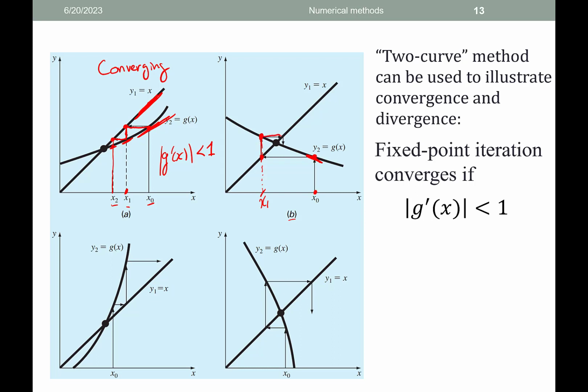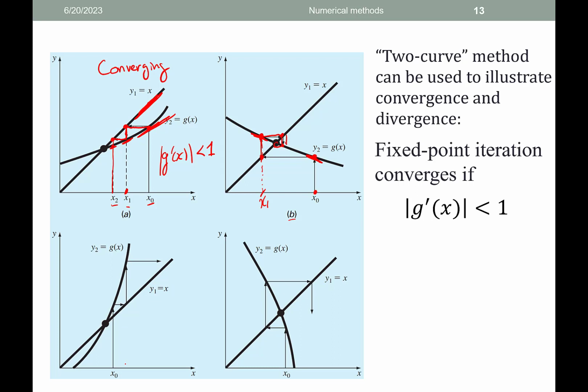It goes to here, then to here, and then to here, and eventually gets to the root, which is in the center. As we go from point to point, the slope is always less than 1. So again, this is a case where it converges. A and B both converge.